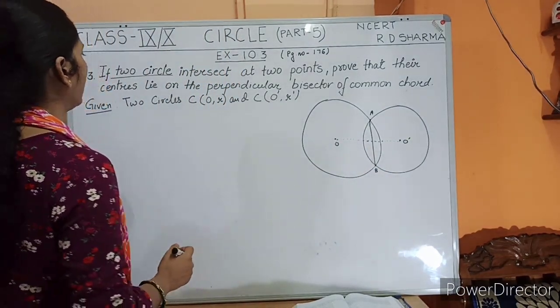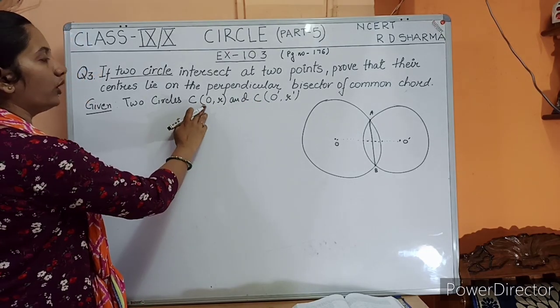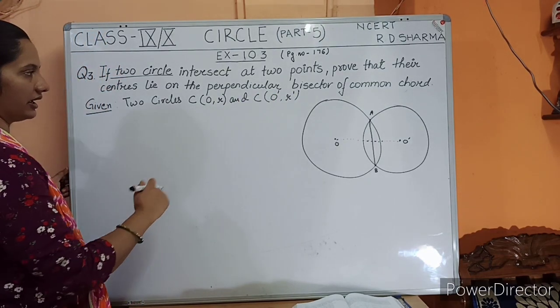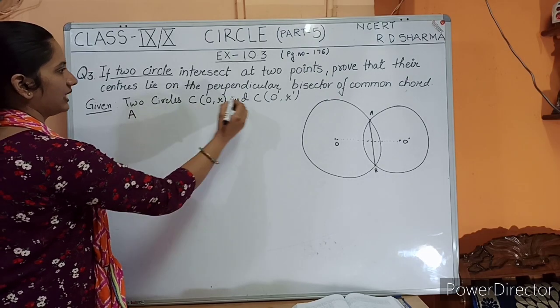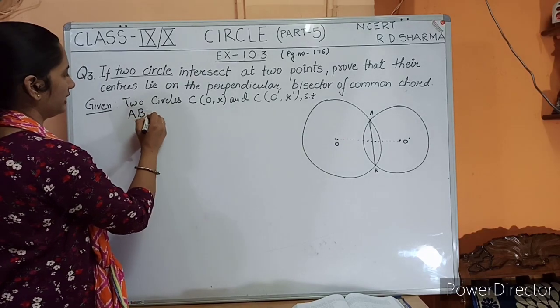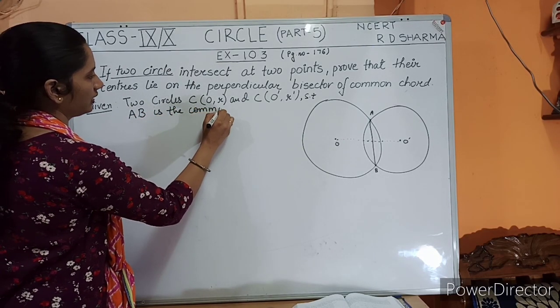What else is given? You can write such that AB is the common chord.